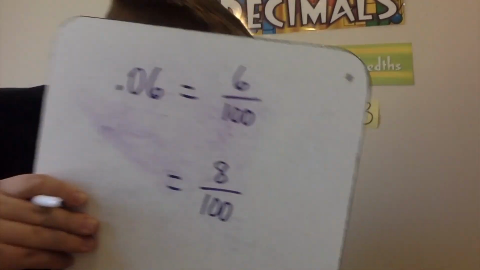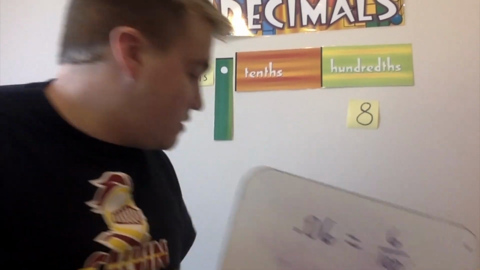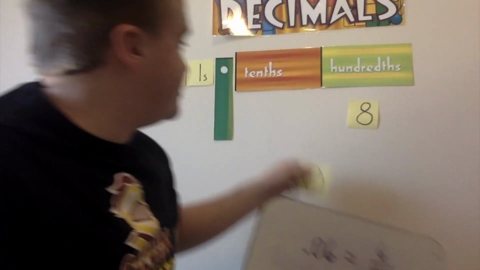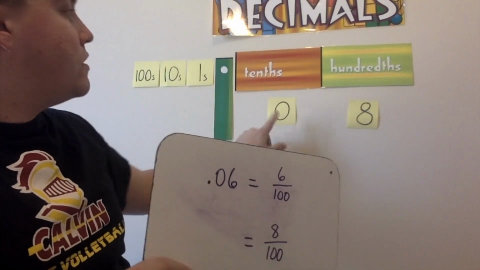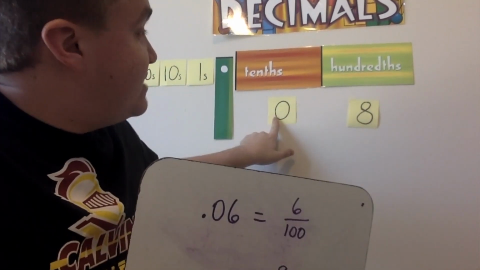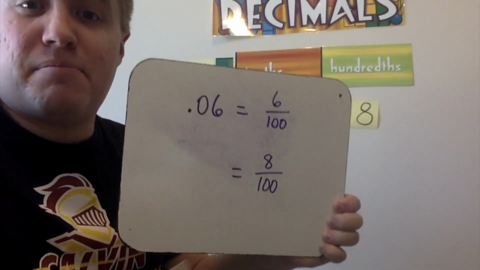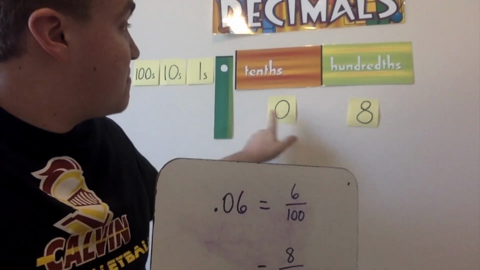I do need my 0, and my 0 just fell all the way down on the ground. So let's pretend that there is a 0 right up here. Okay? I'm going to grab it for you guys a second, just to show you. If I have my 0 and my 8, I would call this 8/100ths. Okay? That's exactly what my fraction looks like there.